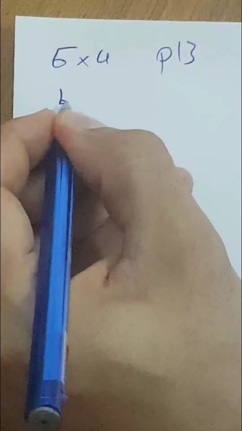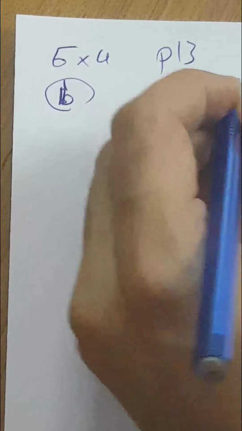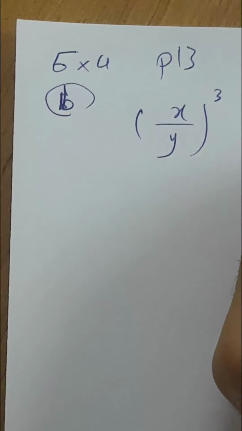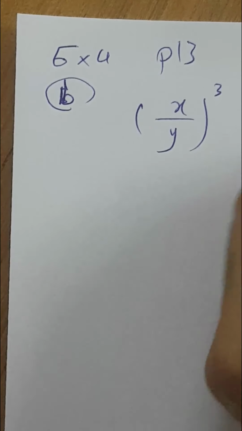Now we start by solving B. So example 4, page 13, part B. We have x over y, all to power 3, and here we have 4 x squared y z.